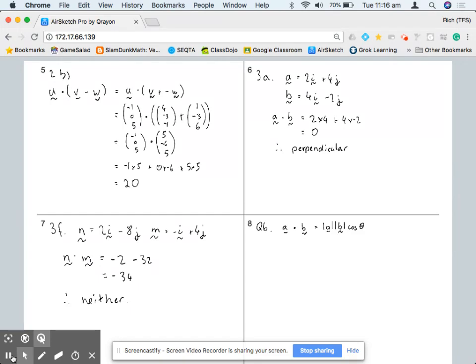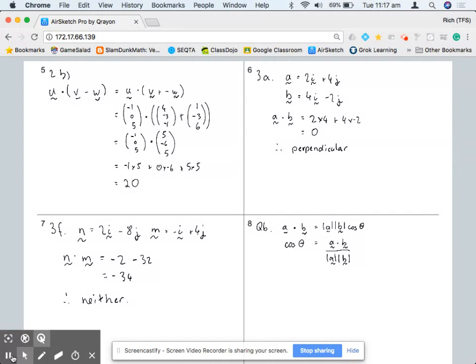The formula sheet you receive in the exam has this notation, but it also has the version where we make cos theta the subject. If I divide both sides by the magnitude of a times the magnitude of b, we get cos theta equals the dot product divided by the magnitude of a times the magnitude of b. We're just rearranging our equation with cos theta on the left.